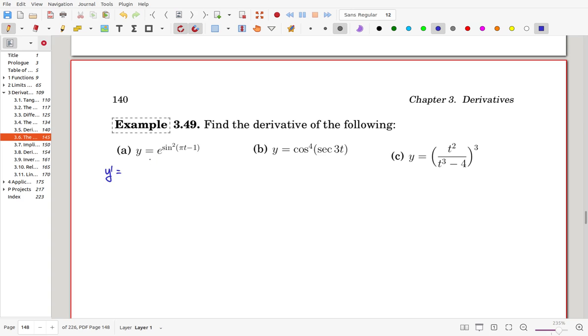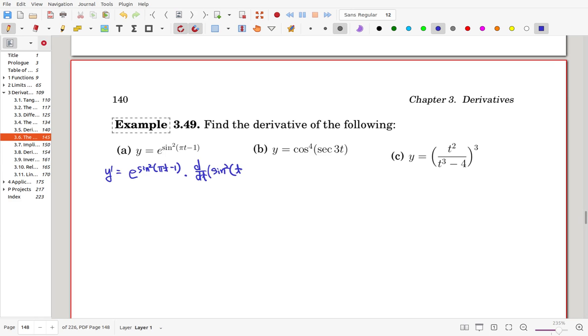Then the derivative with respect to the variable is the same as the original one. So that is e to the sine squared of pi t minus 1. Now we have to multiply by the derivative of the variable with respect to t, so now d over dt of that portion, sine squared.